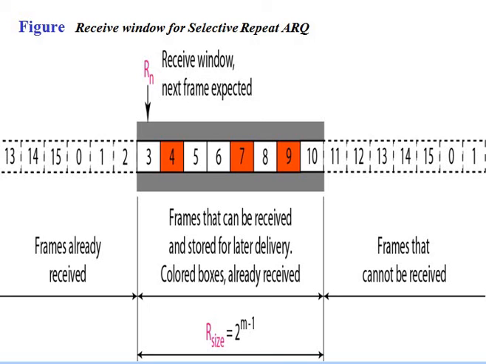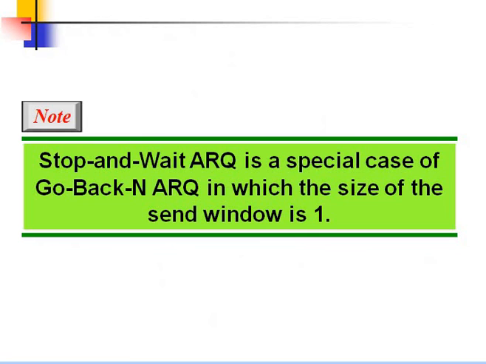The colored boxes show the already received frames. And the last region is frames that cannot be received. Stop-and-Wait ARQ is a special case of Go-Back-N ARQ in which the size of the send window is 1.